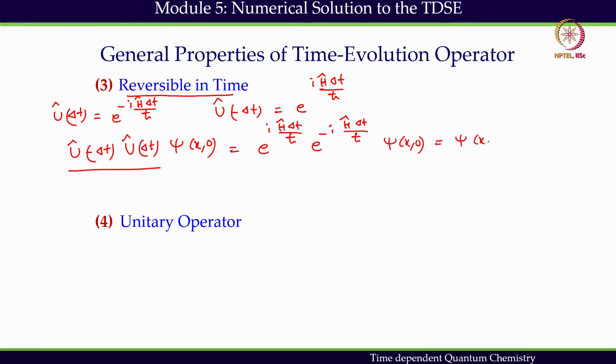That is nothing but psi(x,0). So it suggests that first I make a time advancement, then I make a backward propagation in time. One forward propagation and one backward propagation, in the end, give me back this wave function. That's why it is reversible in time.